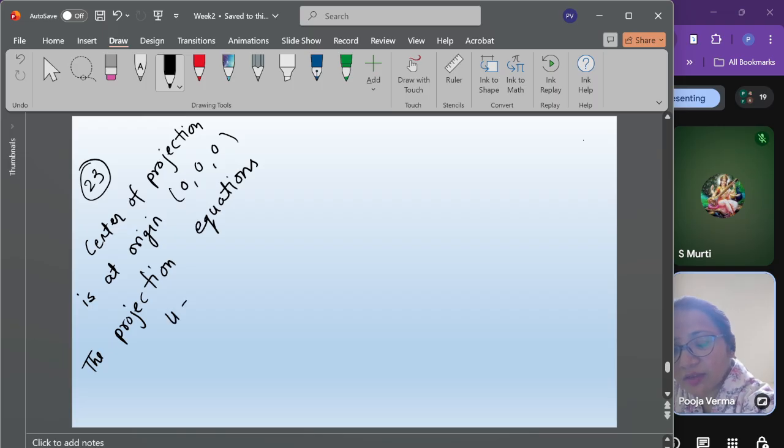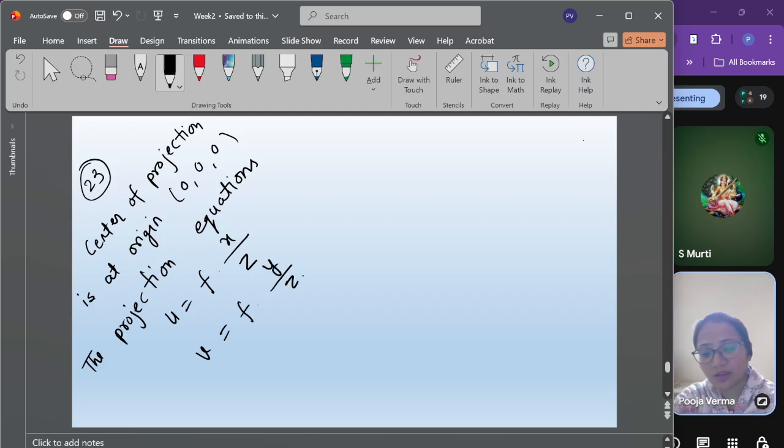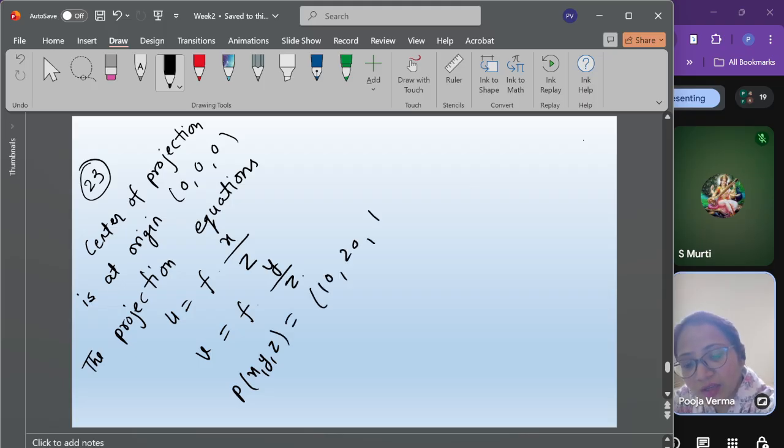The projection equations are calculated like this: u equals f times x divided by z, and the next coordinate v equals f times y divided by z. The point P, that is the x, y, and z values, is given as 10, 20, and 100, and the focal length f is given as 50 centimeters.